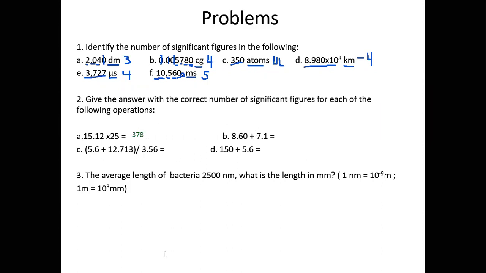Now, we have to round the answer to the number with the fewer significant figures. 15.12 is 4 significant figures. 25 is 2 significant figures. So we have to round this to 2, so 3 and the 7. After the 7 is an 8, so we round it up to 380.